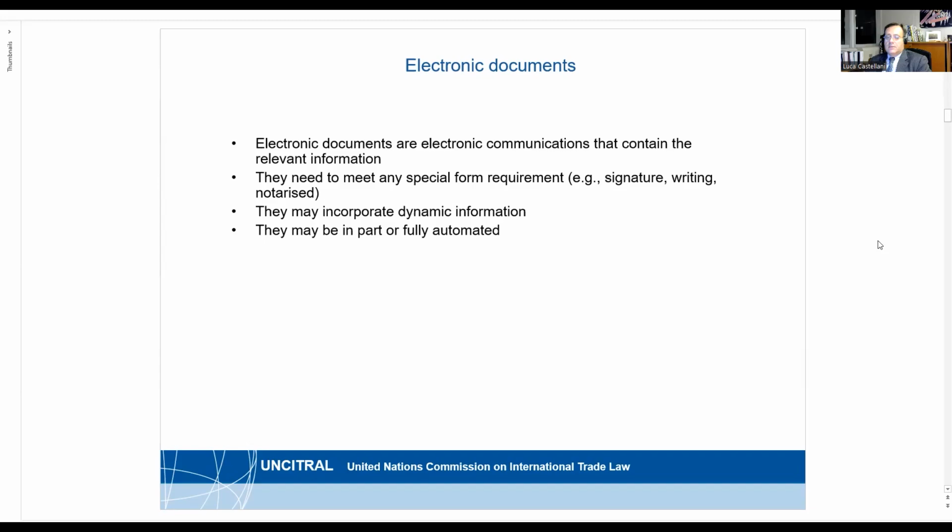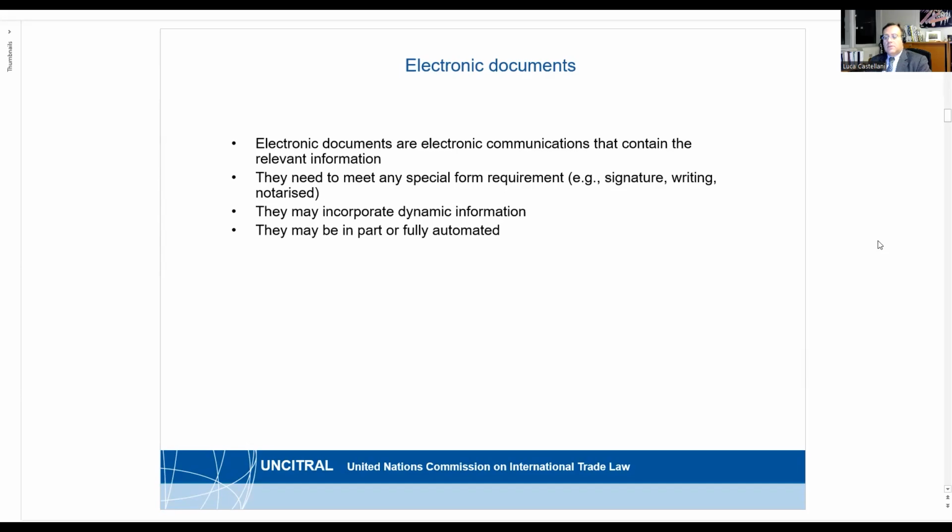Now, some of these commercial documents, actually, they may have special form requirements. They may need to be signed, they need to be in writing, even they need to be notarized in certain cases. And there are rules, in especially the principle of functional equivalence will help us in addressing these form requirements.